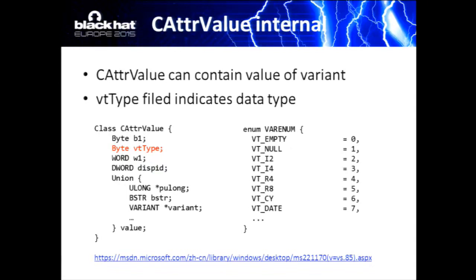The second byte in the CAttributeValue is important because it indicates the type of this attribute. So we call it VT type, in red. For example, if the VT type is 8, then this attribute should be a BSTR string attribute.